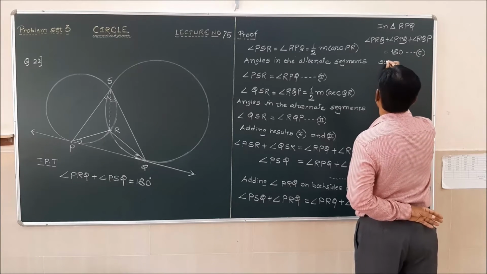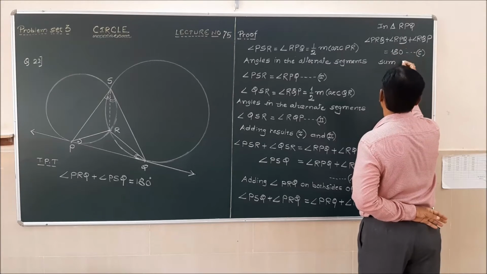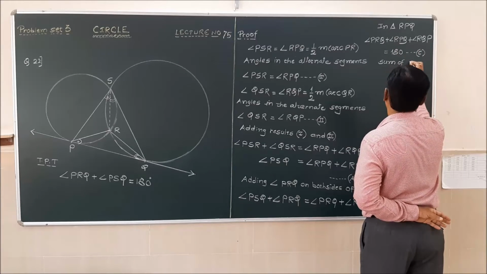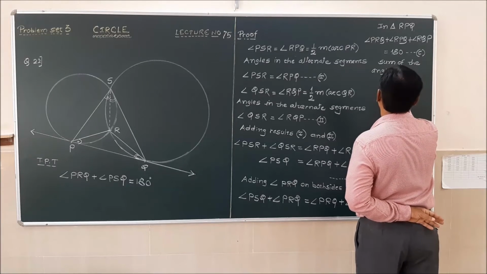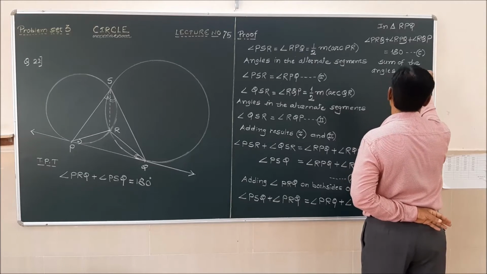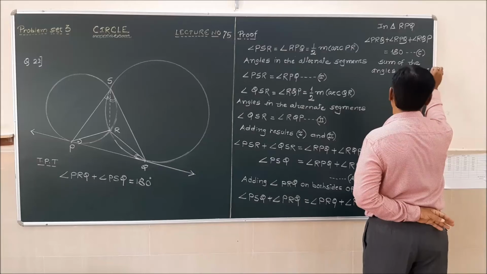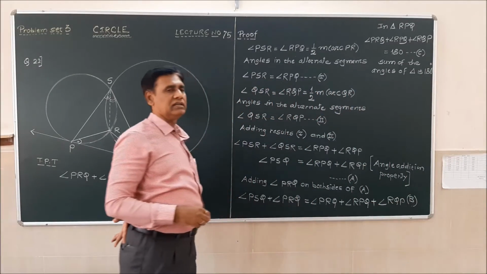Sum of the angles of a triangle is 180. Sum of the angles of a triangle is 180.